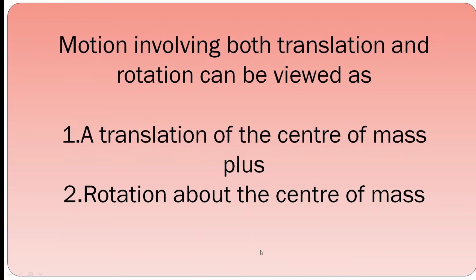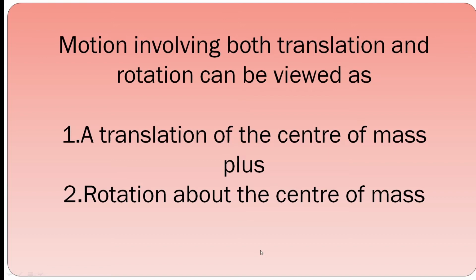The motion involving both translation and rotation can be viewed as the combination of two motions: one is a translation of the center of mass of the body, and the other is rotation about the center of mass. We are familiar with translational motion and rotational motion.